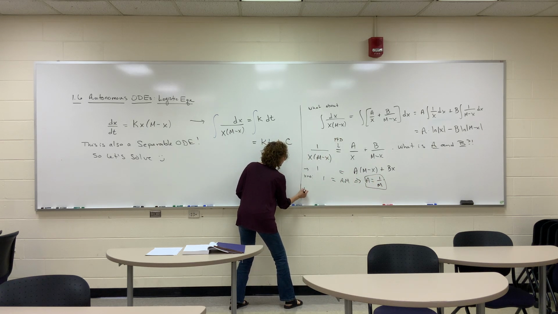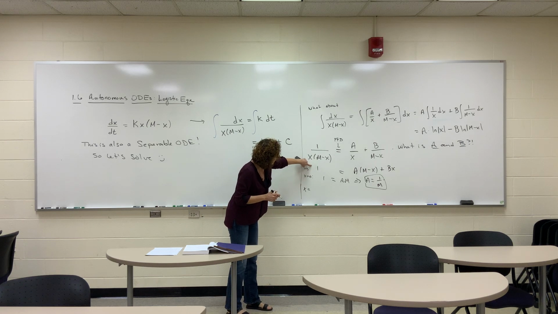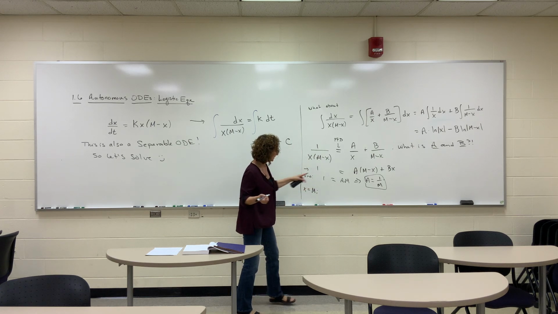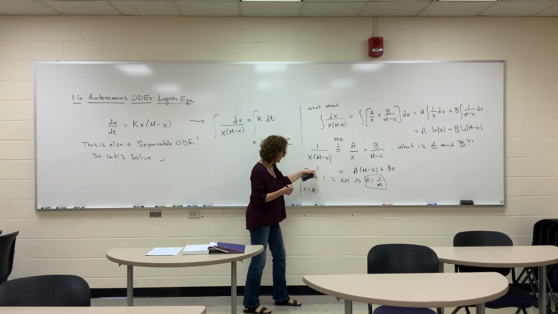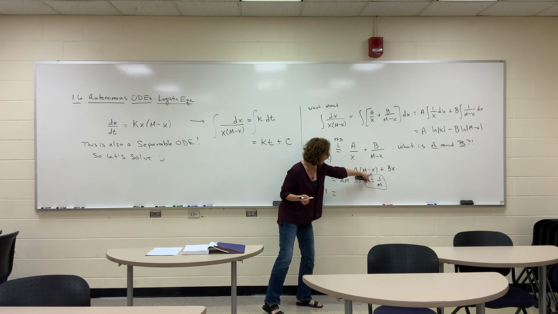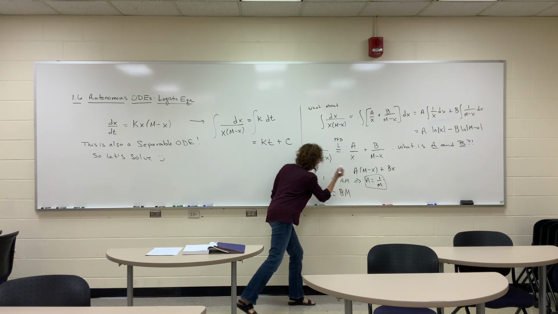Now, what's the other place we want to evaluate this expression right here? Yep, when x equals m, because that guy's going to go away. So what's the left-hand side when x is m? It's 1. What happens when we plug an m in here for x? 0, plus, there we go.